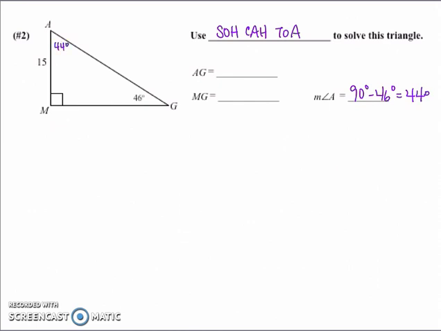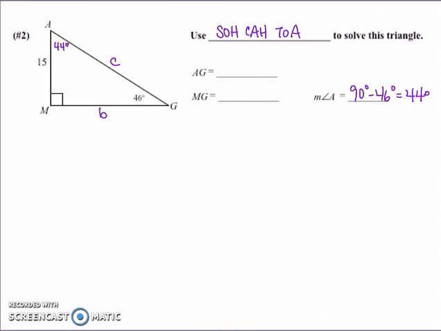Now that we know that, we can do a little bit of SOHCAHTOA. If I want to start by finding side AG, I like to always use the given angle. So if I'm going to work with the 46-degree angle and I want to find side AG, I'm going to call that side c because that's my hypotenuse, and I'm going to call this leg side b. That's just a little bit easier for me.